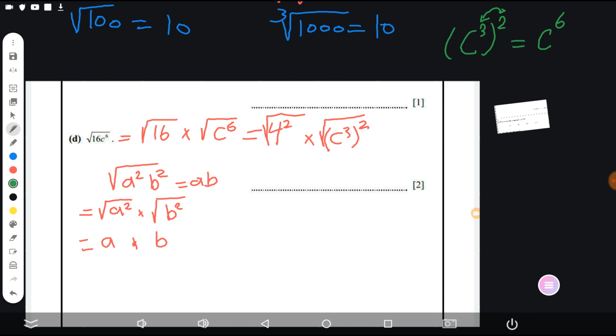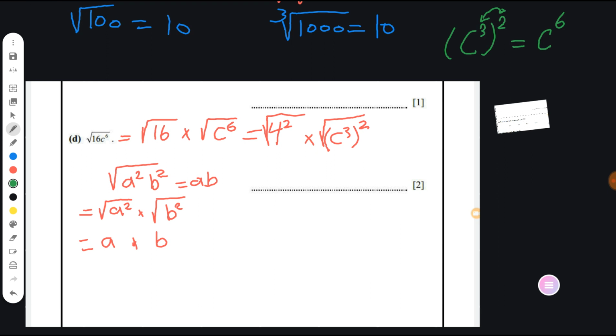Indices of indices is multiply. So now if I take the square root for both terms, the first term will give me 4, the second term will give me, after the indices of 2 go together with the square root, 4c to the power 3. That's it, okay?